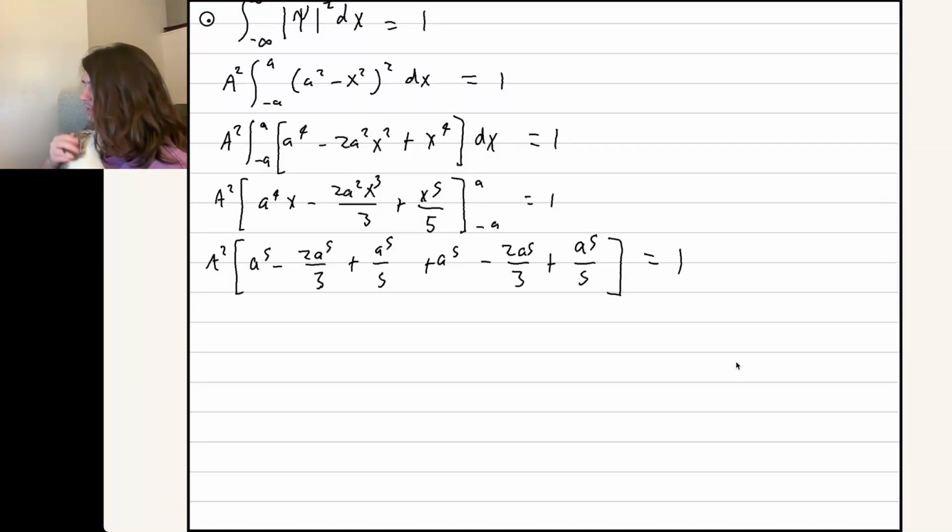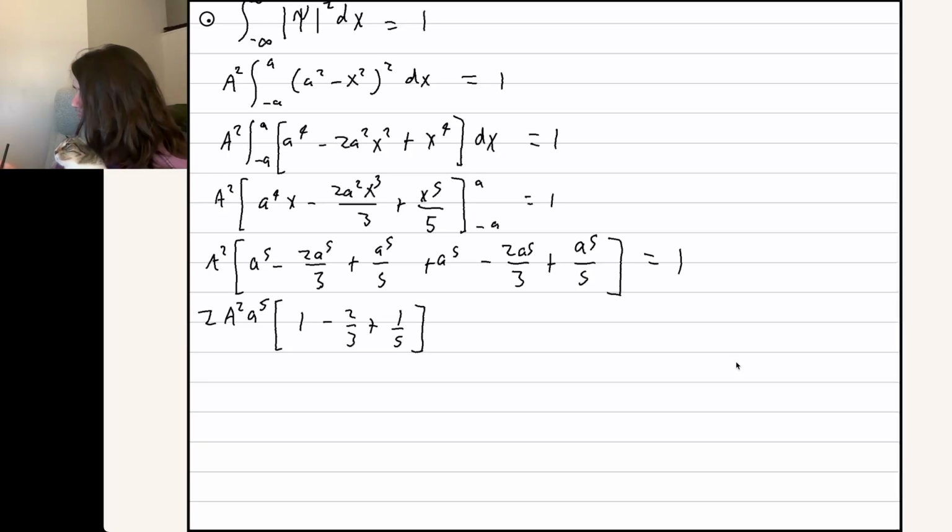So all these add up. So we'll factor out a 2, and we're also going to factor out a to the fifth. And what's left inside is 1 minus 2 thirds plus a fifth. Set that equal to 1.